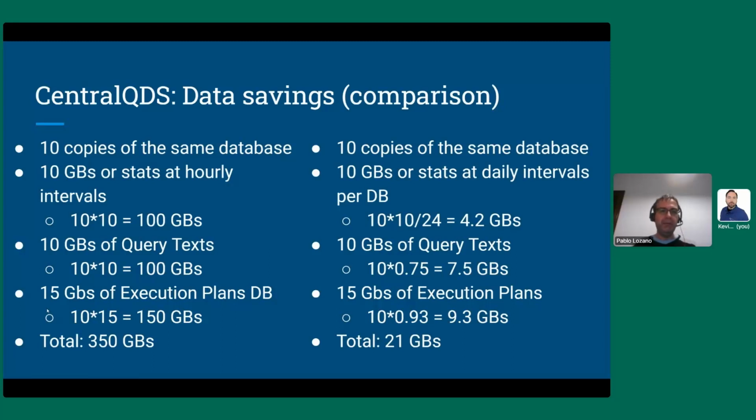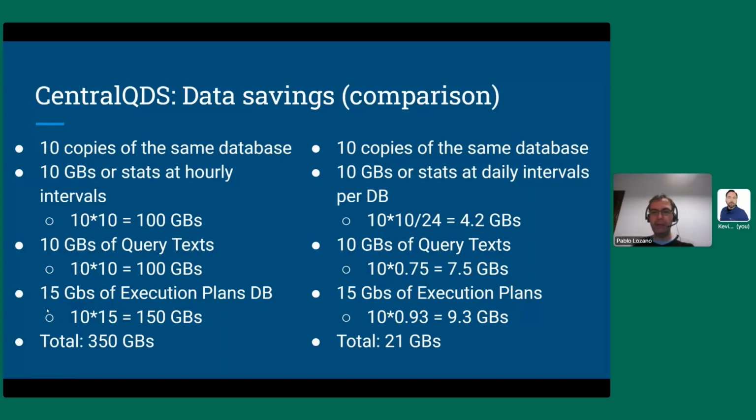So here are some comparisons for 10 copies of the same database. Let's say you have hourly intervals and 10 gigabytes of query text, 15 gigabytes of execution plans. That will be 350 gigabytes. But when you store that amount of data into CentralQDS, it will go down to maybe 21 gigabytes.